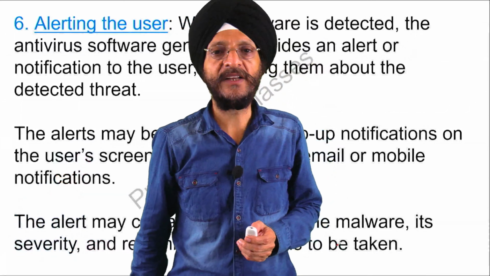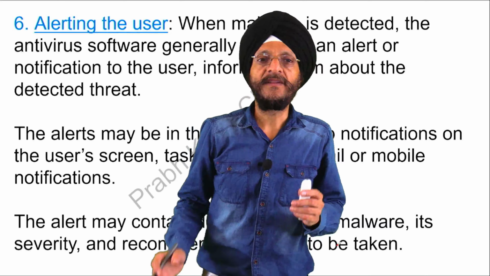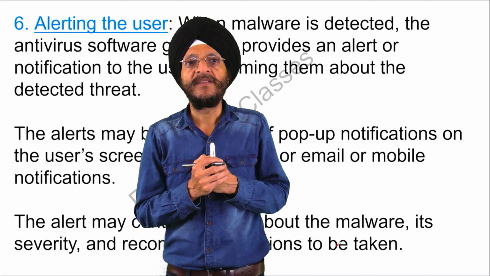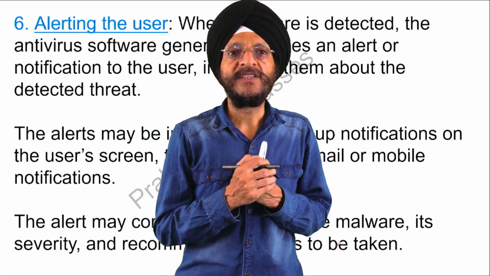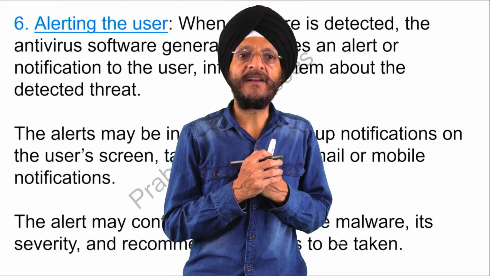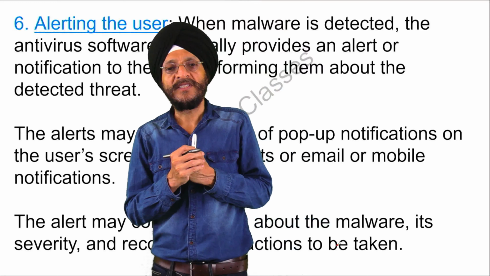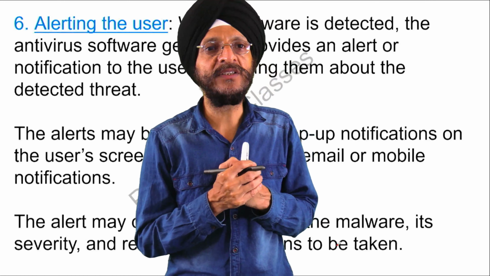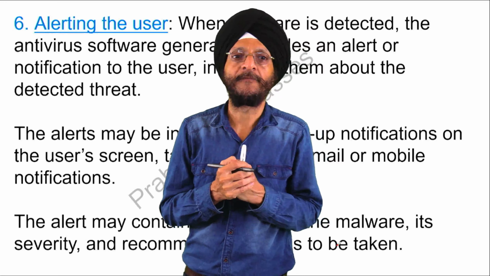Next point is alerting the user. When malware is detected, the antivirus software generally provides an alert or sends a notification to the user informing the user about the detected threat.